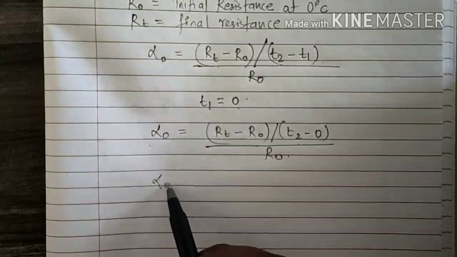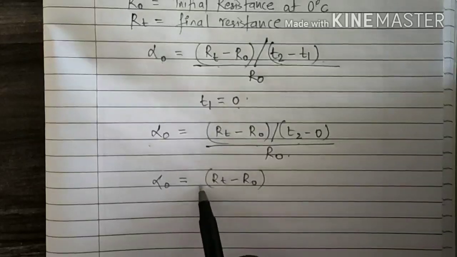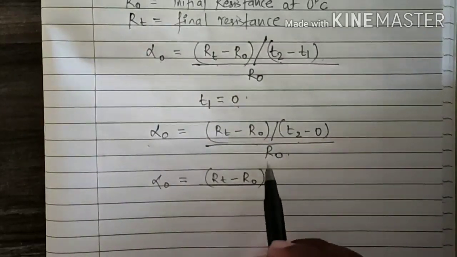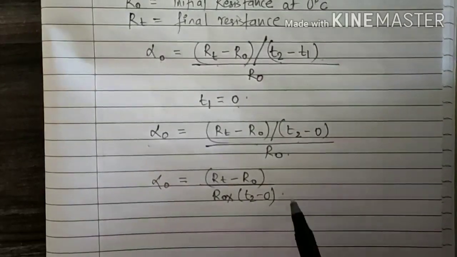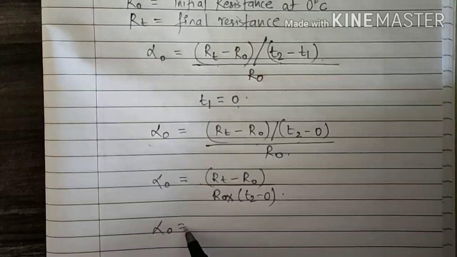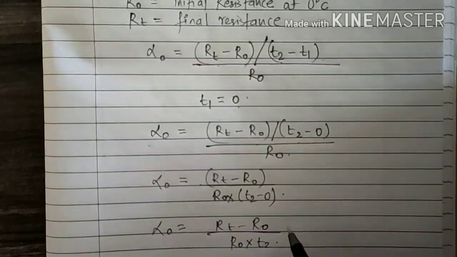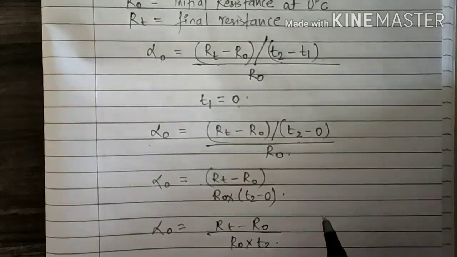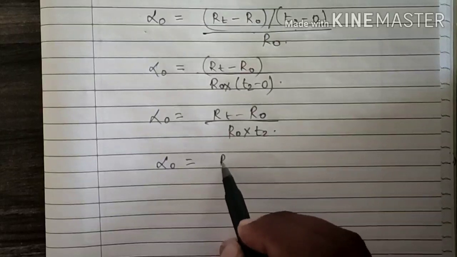If I rearrange this, T2 comes below, so my alpha 0 will be RT minus R0 upon R0 into T2 minus 0. Then my alpha 0 will be RT minus R0 upon R0 into T2.